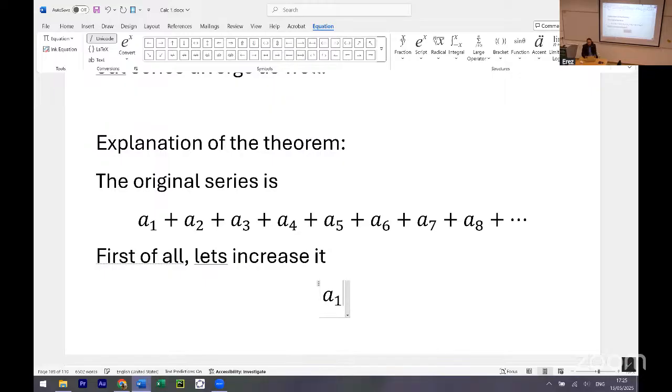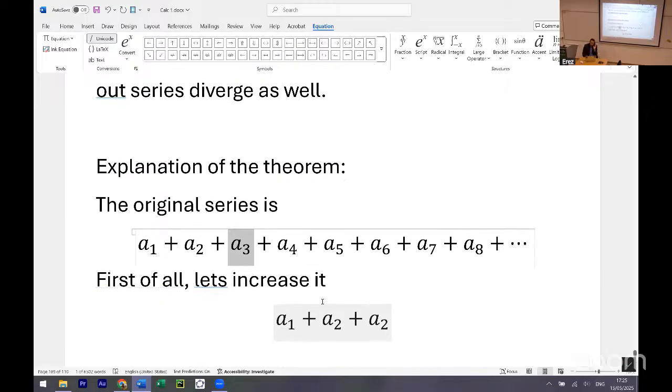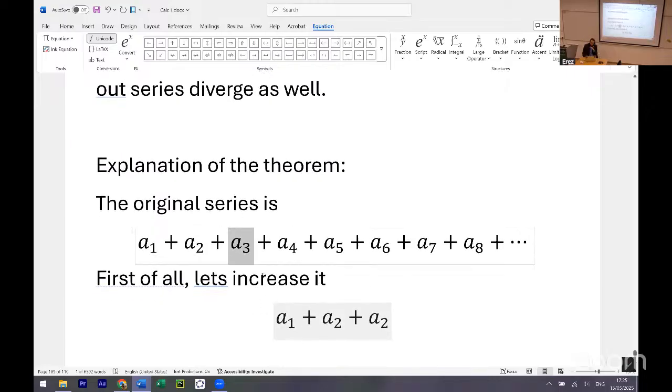So A1, I'll leave A1. But both A2 and A3, I will switch by A2. So if I replace A3 by A2, I did an increase. If it's decreasing, you increase. Yeah, A_n is decreasing, so A3 is smaller than A2.